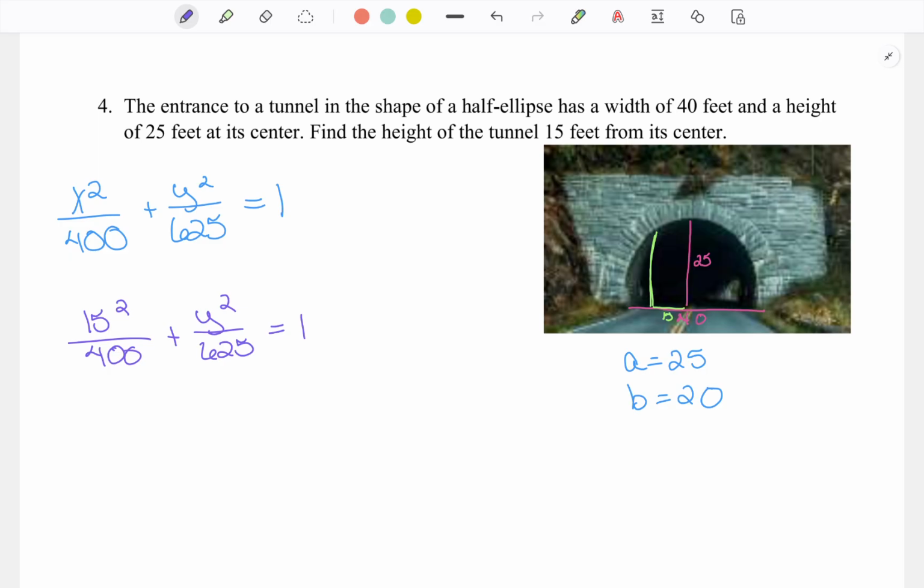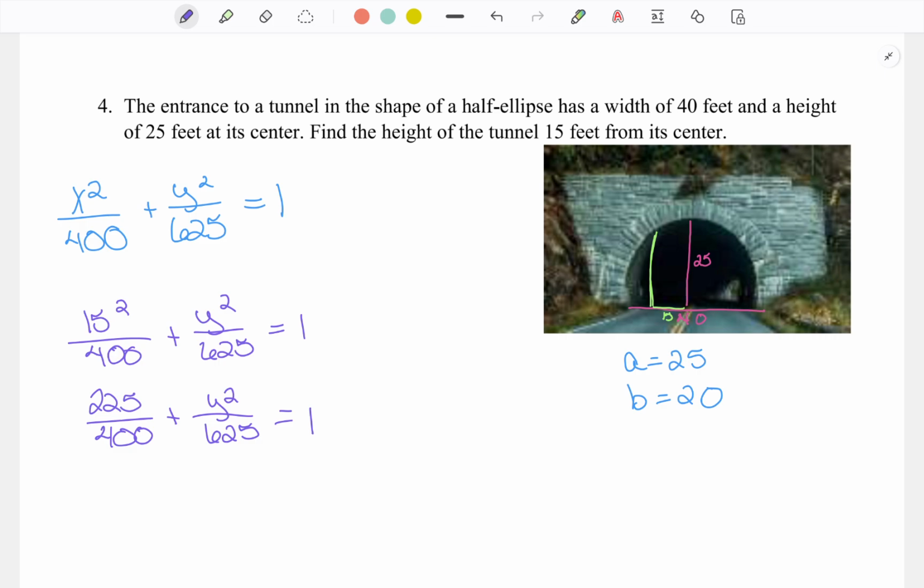And then 15 squared is 225 over 400. And now we are going to subtract that 225 over 400.